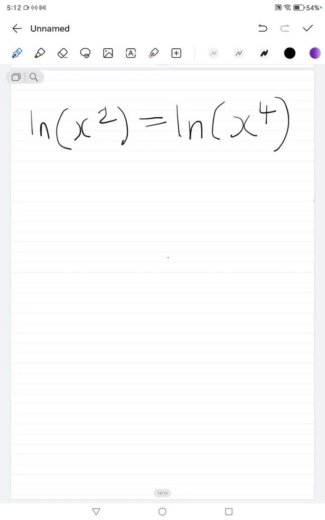But can we introduce base of e? Surely yeah, we can. Then if we introduce base of e, what are we going to be left with? You see that on the other side we're going to be left with x squared, then on the other side we're going to be left with x to the exponent 4.